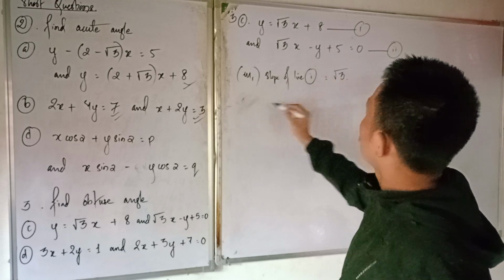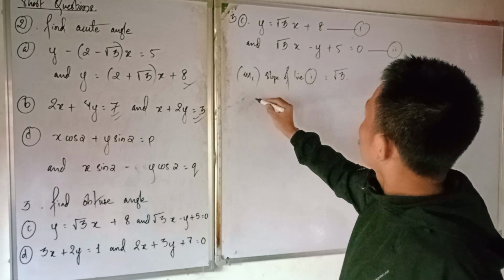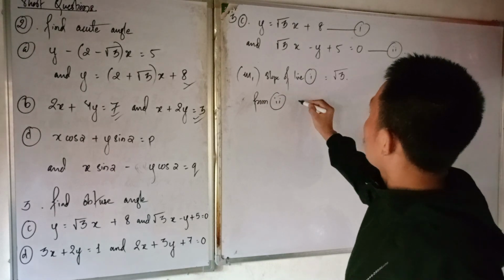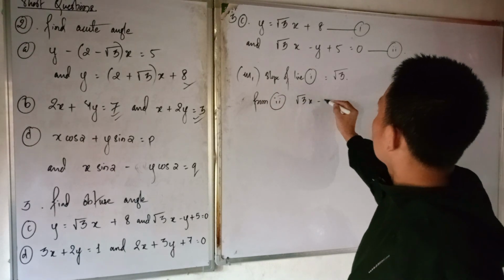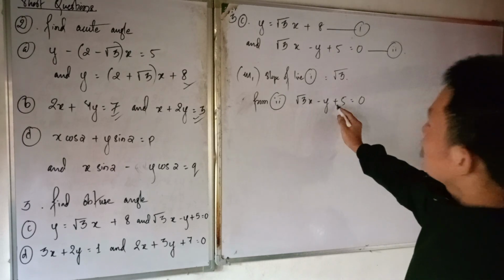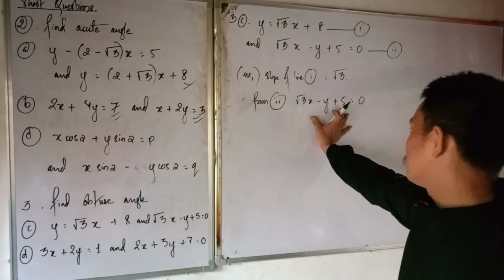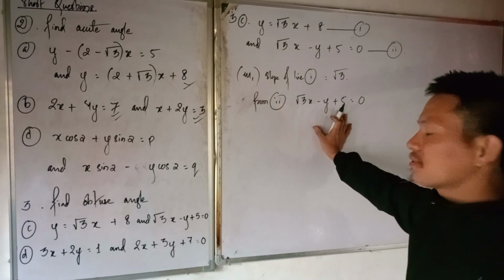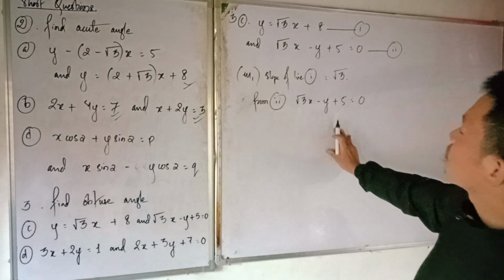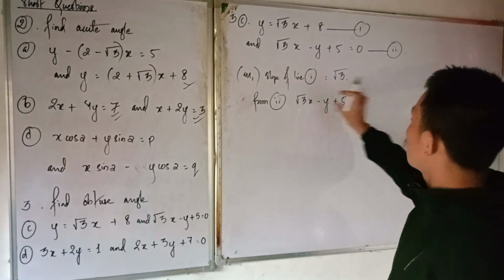From line II you can write root 3 x minus y plus 5 equals 0. You can either use the formula for ax plus by plus c equals 0, or you can simply move this y to the other side.